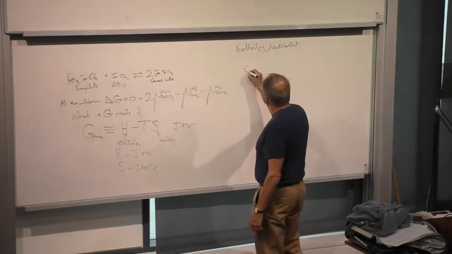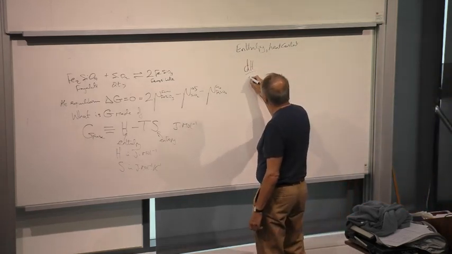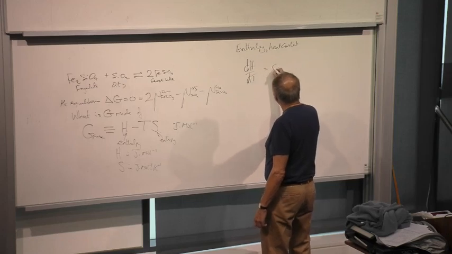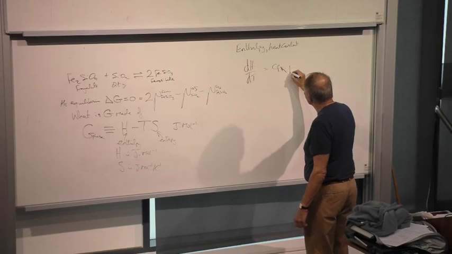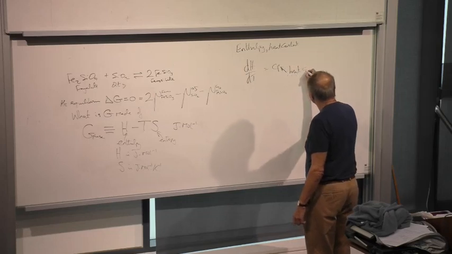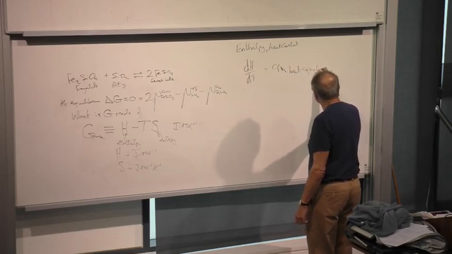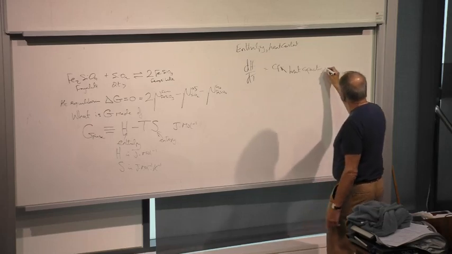So dH/dT is Cp, and that is the heat capacity at constant pressure.